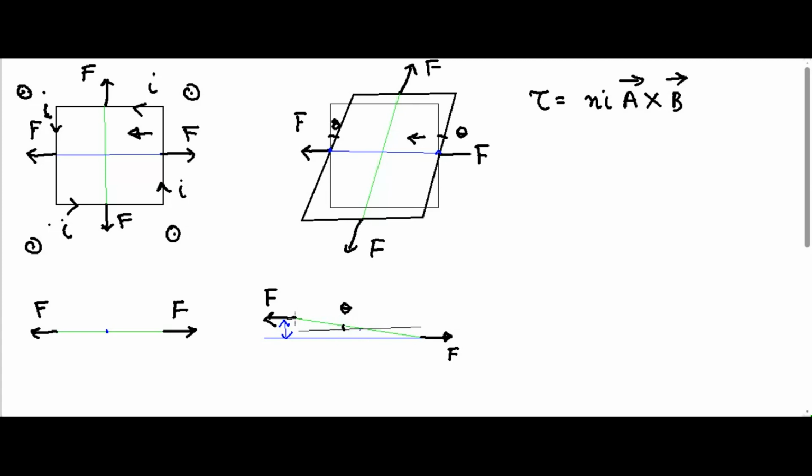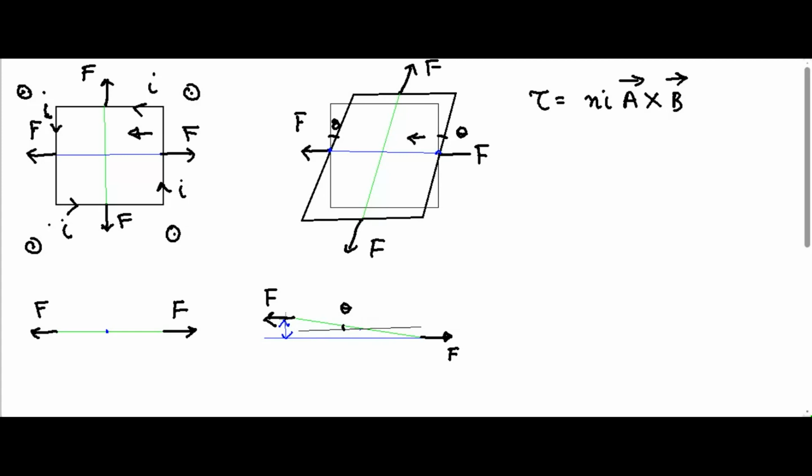So now if we look at the forces acting on this and this, because this has now gone up since I have given a rotation theta, and this has gone down, there will be an angle theta between this green line and the horizontal.